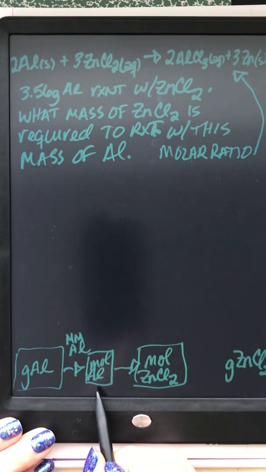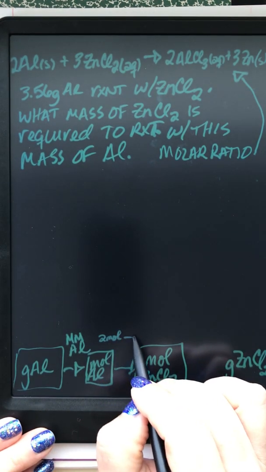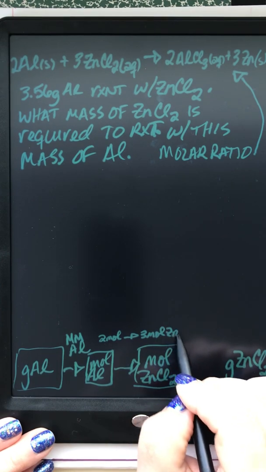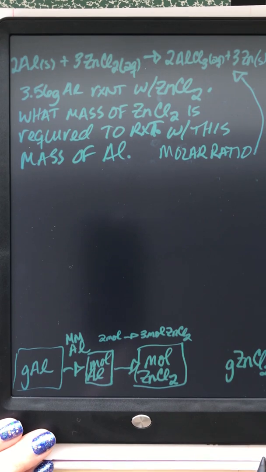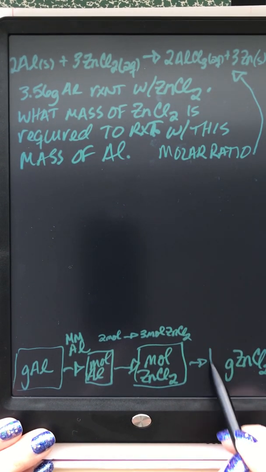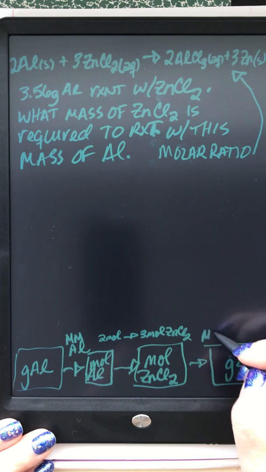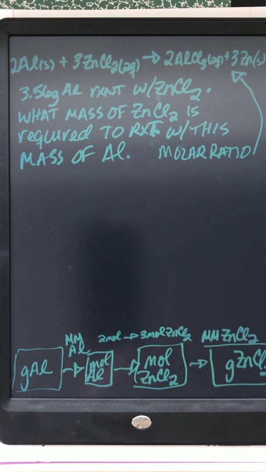So going from moles of this one, we need 2 moles of this one for every 3 moles of this one, right? And then what's the last step? The molar mass. And we need the molar mass for that, exactly. So we'll need the molar mass of zinc chloride, right?